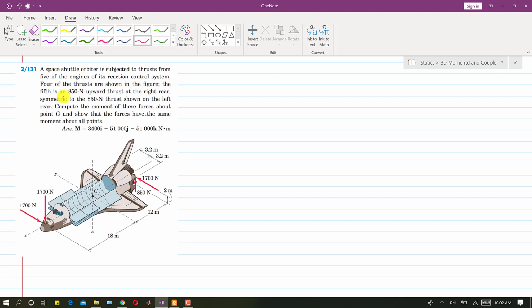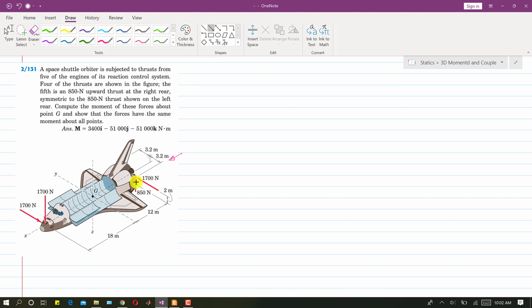The fifth is an 850 Newton upward thrust at the right rear, right? So if we look into this orbiter from this side, then this is the left side. It is said that on the right side the same 850 Newton force in the same direction is applied. Let's suppose I try to show that 850 Newton force as well.